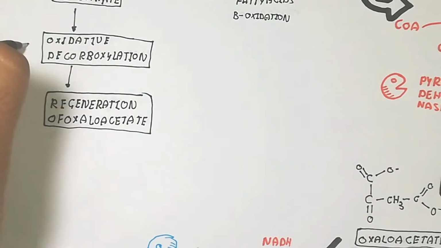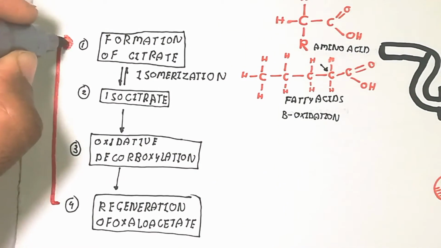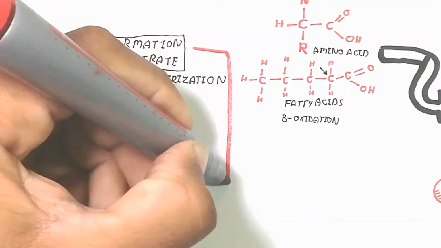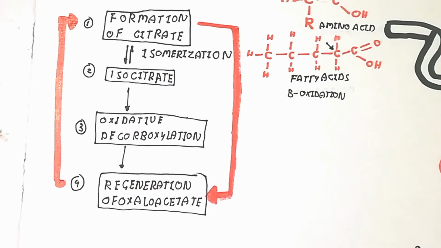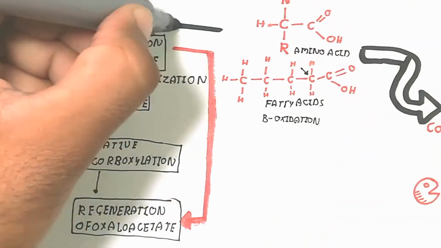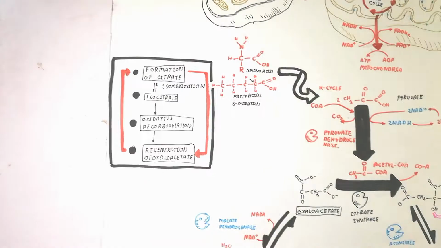That regeneration of oxaloacetate occurs, and the cycle repeats again and again: formation of citrate, formation of oxaloacetate, and again formation of citrate. So that cycle is simple.